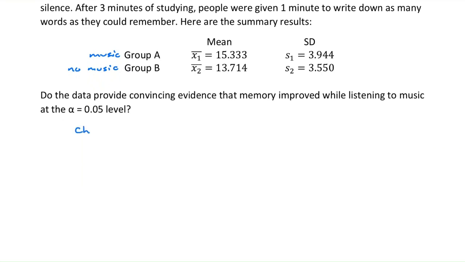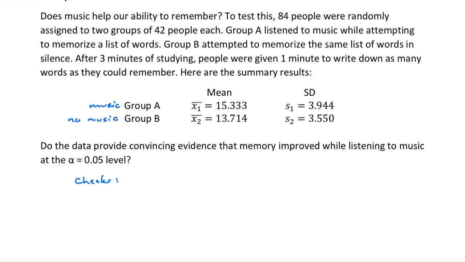We want to make sure again that our samples are random, and I'm pretty sure it just tells us right in there that they are randomly assigned. So let me just make a quick comment here. Recall that when we do experiments, you can't force somebody to be part of an experiment. So you're not going to have a random sample because they have to volunteer.